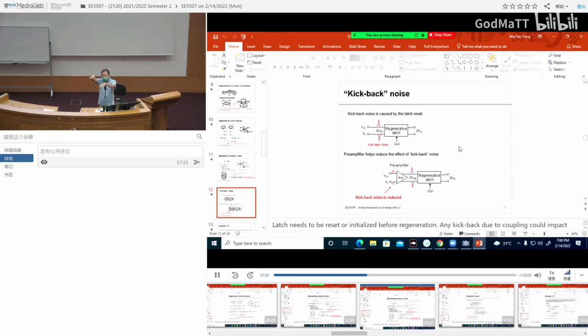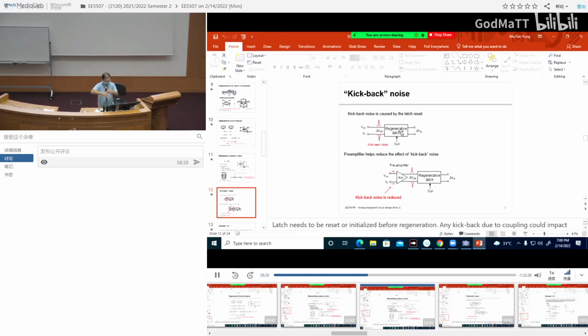It means there's a danger that this transition can couple back to the input through any parasitic capacitance. It's like clock feedthrough noise. Clock feedthrough is when your clock is moving very fast and gets coupled into your circuit through a capacitance. Kickback is the opposite: your output is changing very fast and kicks back into your input.